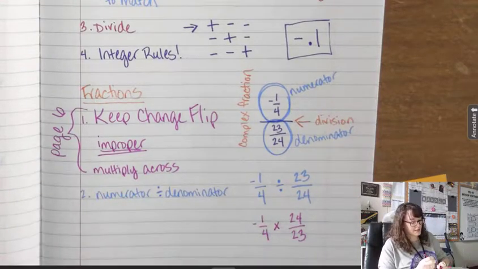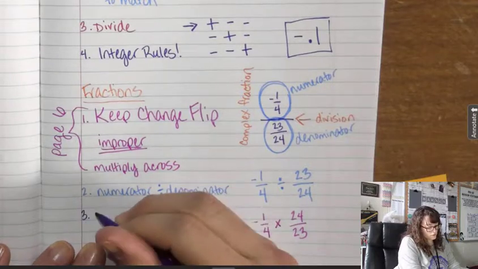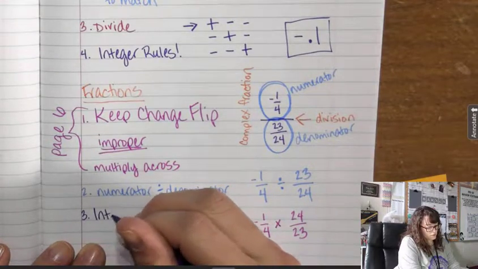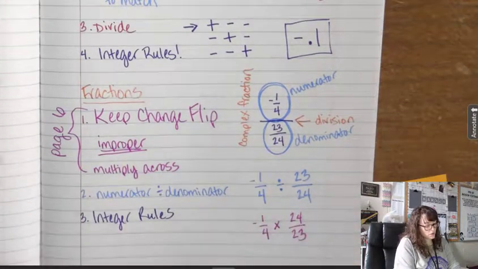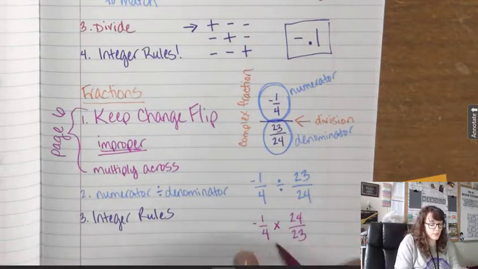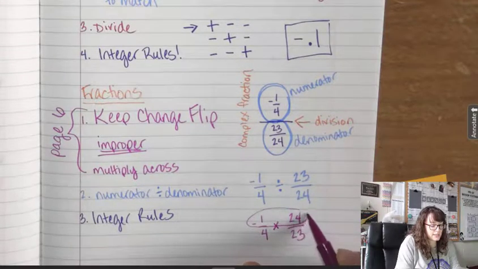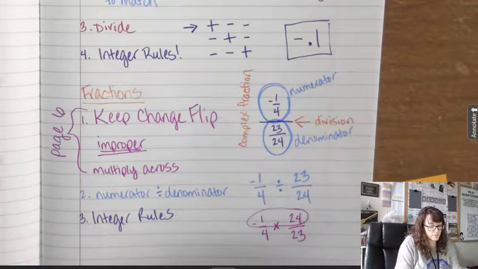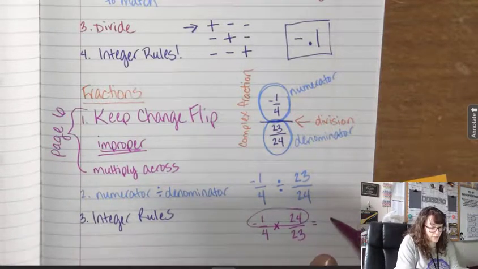We multiply across. Now, one of my numbers is a negative, so we need integer rules so I know what to do. What is a negative 1 times 24? Negative 24, yeah.